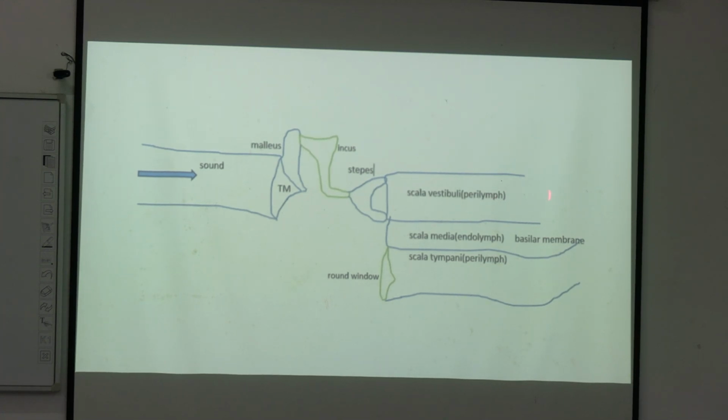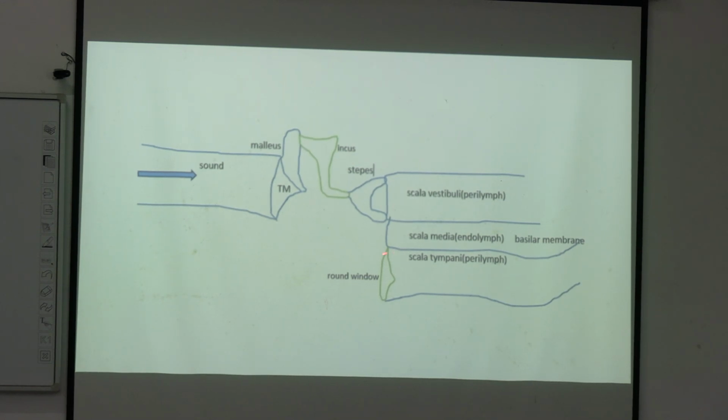Scala vestibuli contains perilymph, scala media contains endolymph, and scala tympani contains perilymph, okay? And remember, scala vestibuli and scala tympani are connected through a foramen. So once pressure inside the scala vestibuli changes, pressure in the scala tympani also changes, right?